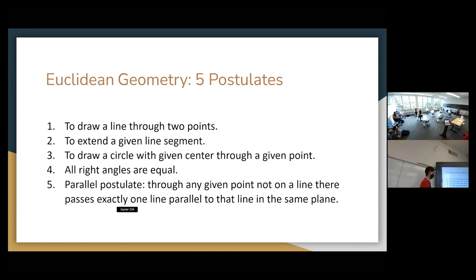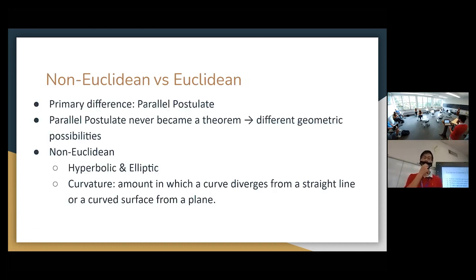And this is known as the parallel postulate. It is a key difference between non-Euclidean and Euclidean geometry because it was never proven as a theorem, which means that there are different possibilities such as no parallel lines and infinite parallel lines. This is non-Euclidean geometry, and the 2 main types are hyperbolic and elliptic.